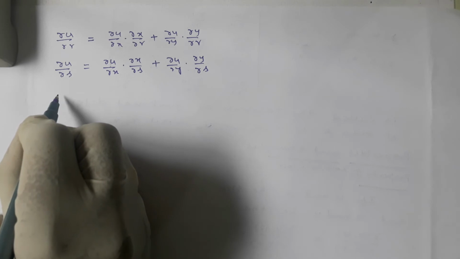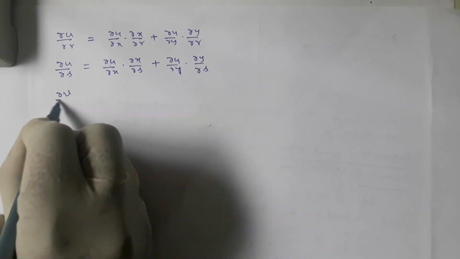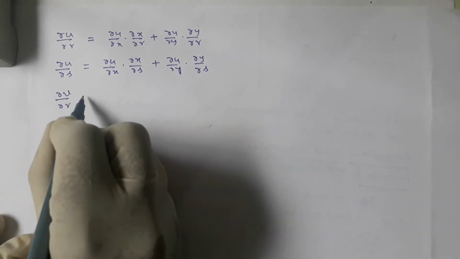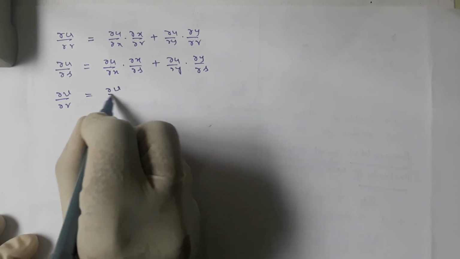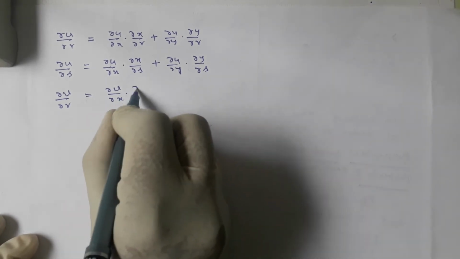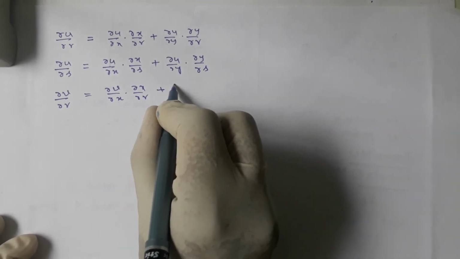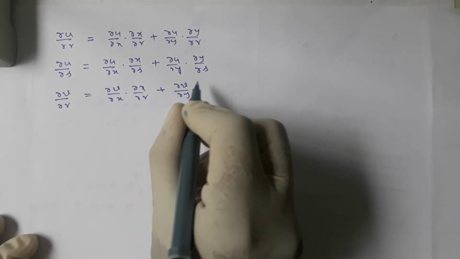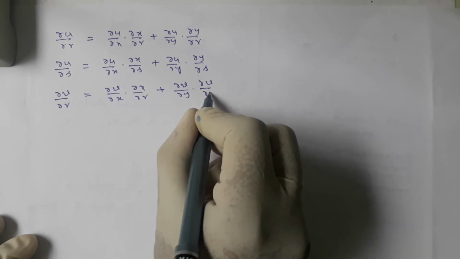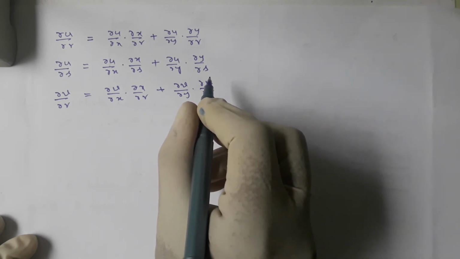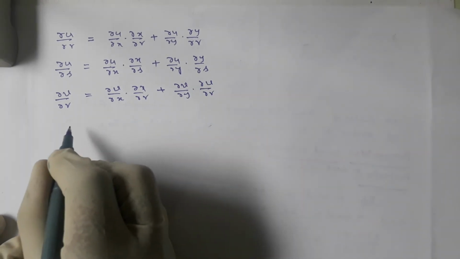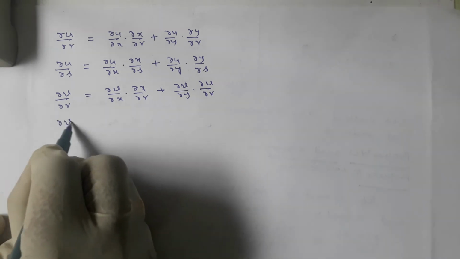Similarly for the v function, ∂v/∂r is equal to ∂v/∂x into ∂x/∂r plus ∂v/∂y into ∂y/∂r. Next, ∂v/∂s.